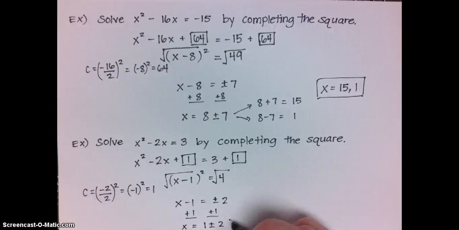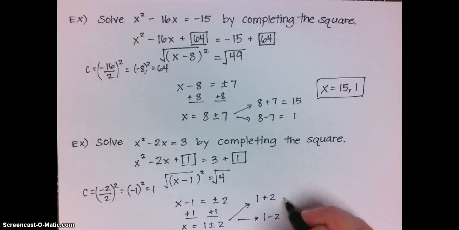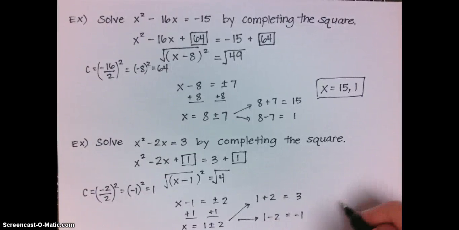Just like I did before, I need to separate this into the plus and the minus. So I'm going to do 1 plus 2 as one of my solutions, and 1 minus 2. 1 plus 2 is 3. 1 minus 2 is negative 1. So my two solutions for x are negative 1 and positive 3.